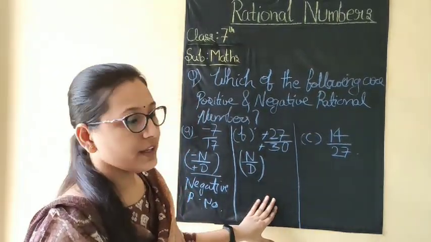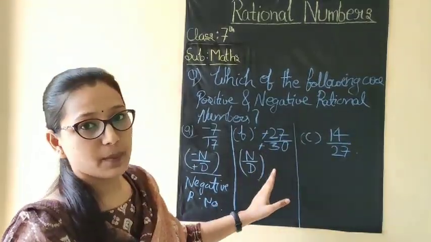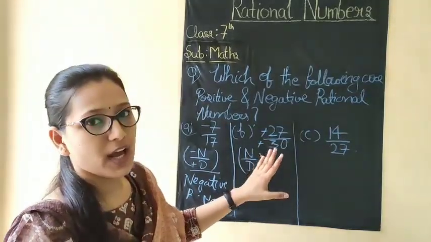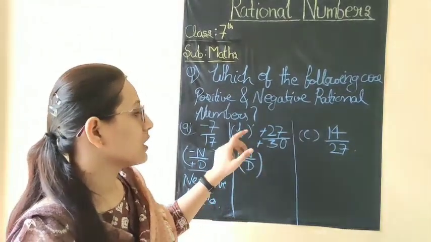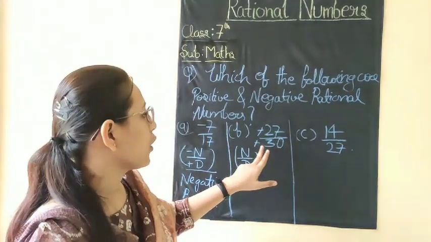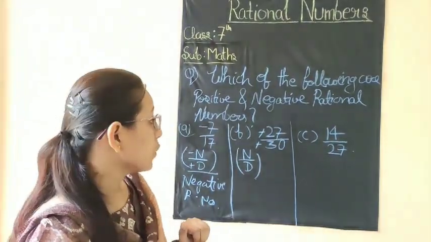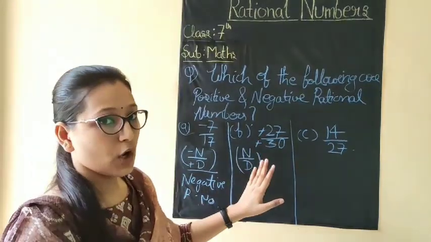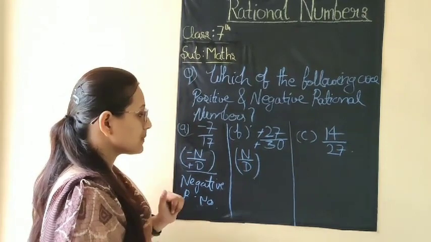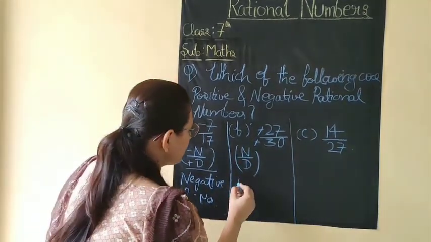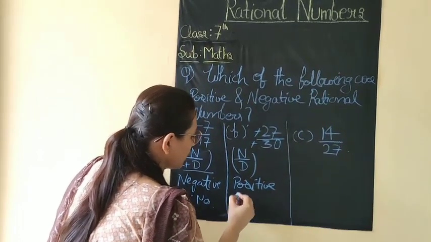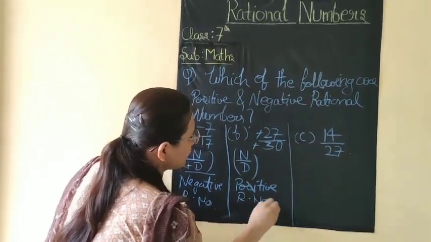We have already learned in the chapter on integers that if both the numerator and denominator have the same sign, we cancel out both signs. So this is a positive rational number.